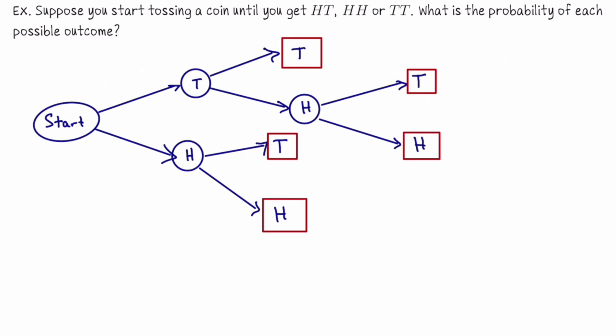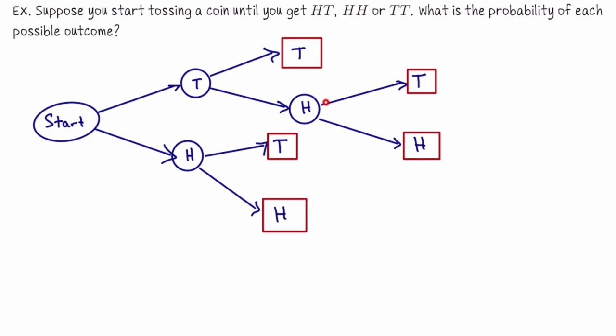I could start labeling each of these branches with 1/2, but at this point, it's worth taking a second to determine whether or not this diagram is the most efficient, or maybe I want to clean it up, do it a little bit differently. Looking at this, what I observe is that this link here, from tails to heads, at which point I flip again, this kind of triangle I have over here on the right is exactly the same as this one I have down here.